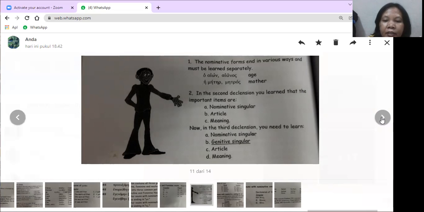In the second declension, you learned that the important items are nominative singular, article, and meaning. And now, in the third declension, we need to learn nominative singular, genitive singular, article, and meaning.